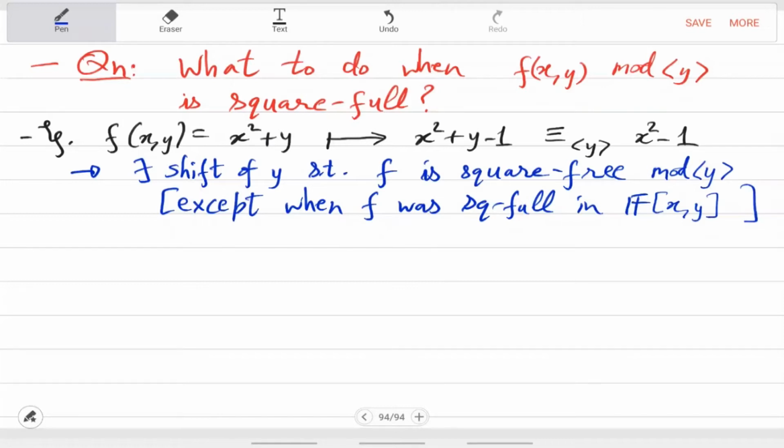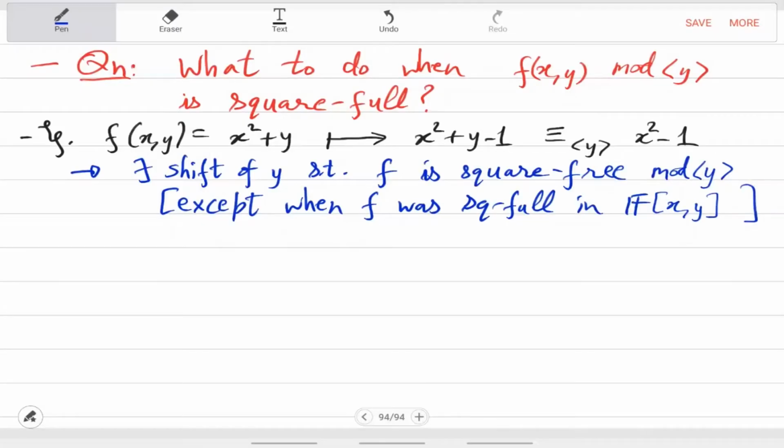Then you have to resolve it in a different way, which is you take derivatives and GCD. If f is given as a squareful polynomial, then with GCD it will factor. So use that algorithm, use the derivatives. So you can assume that f is square free, and if f is square free, then you can find a shift. So substitute, basically look at mod y minus alpha, and modulo that it will be square free.